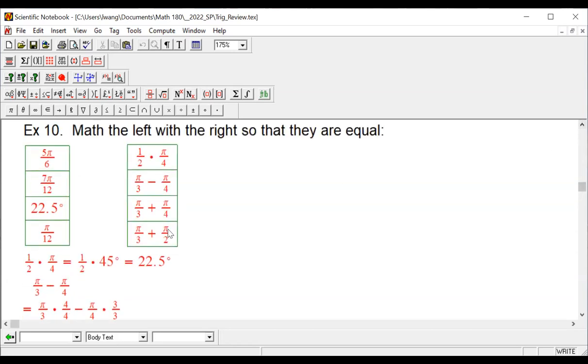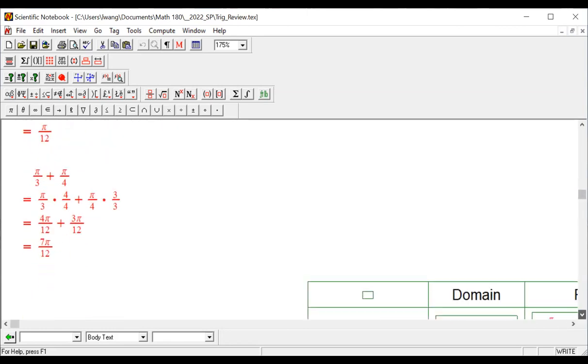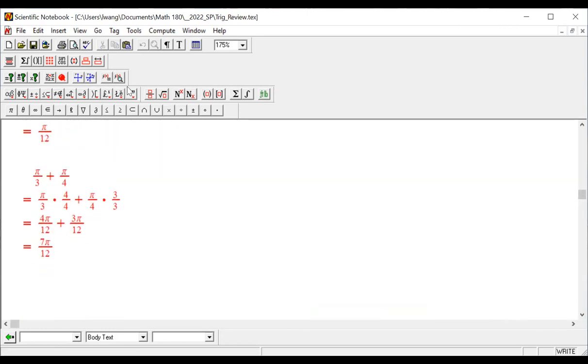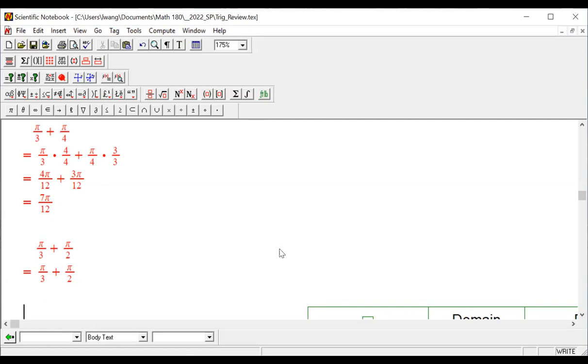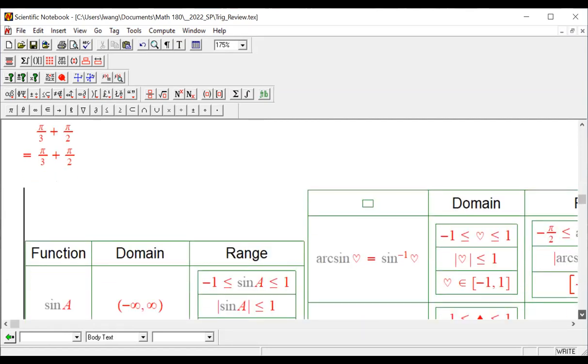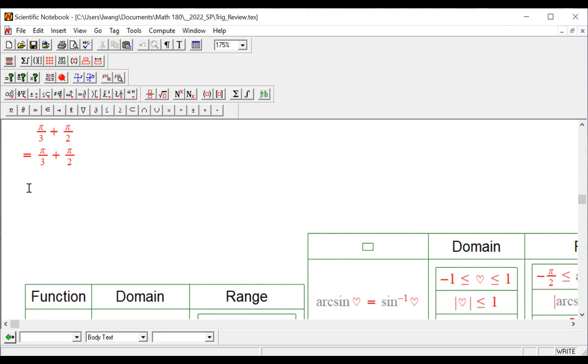But if you'd like to work it out just to check and improve your algebraic skills, take this one, pi over 3 plus pi over 2. We're going to find a common denominator, which is 6. So how do we make that match? This one needs a 2, so we multiply 2 over 2.